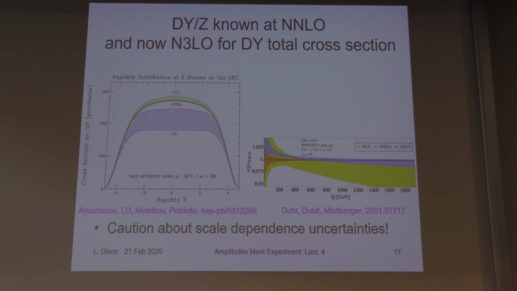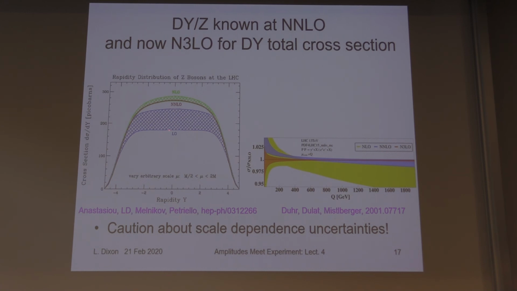So when you combine those two terms, you get a correction to the total cross-section, which is very large at the LHC. What I'm showing you here on the left is leading order, next to leading order, and also next to next to leading order, and not just for the total cross-section, but for the rapidity distribution, which one can calculate through similar techniques, by just not doing that integral over y, but freezing it in the right way.